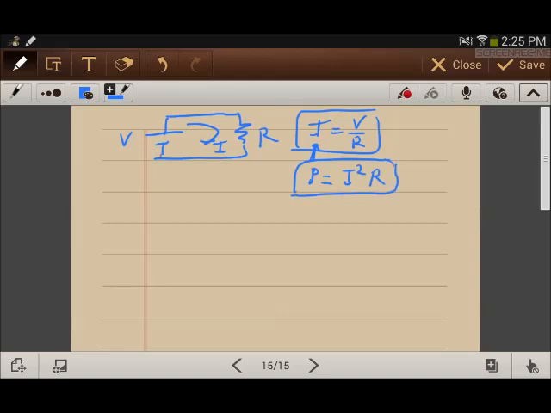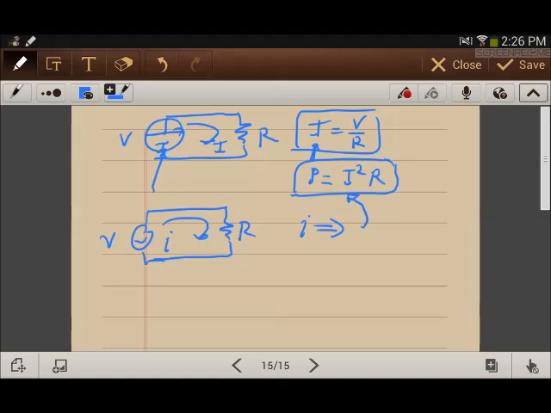So what if I replaced this DC source with an AC source? How much AC current do we need that will produce the same amount of power that this DC current produces?